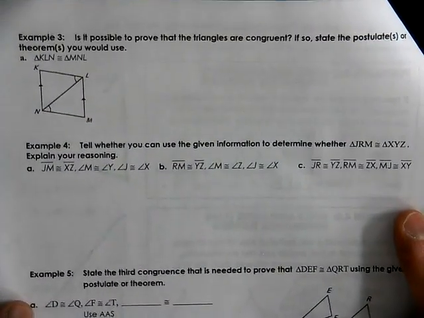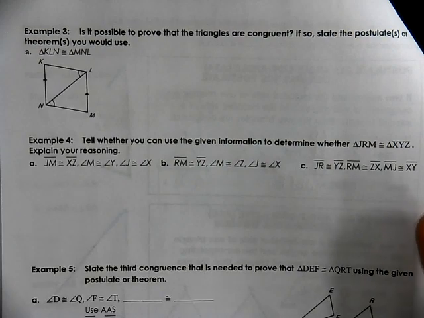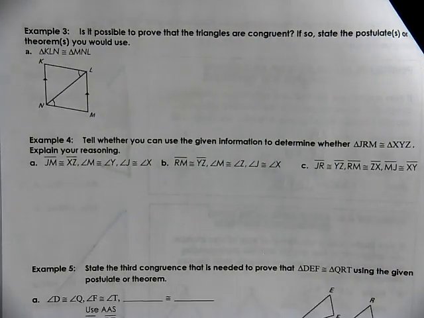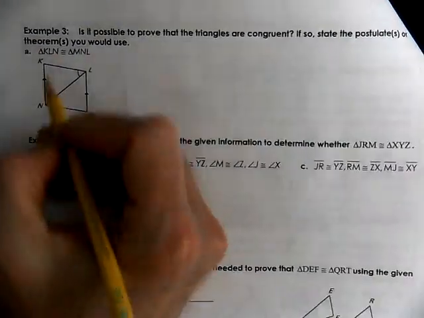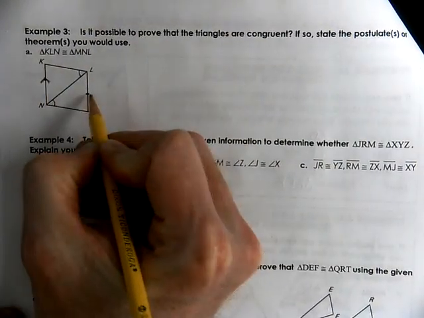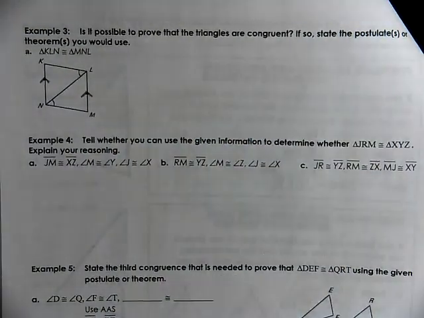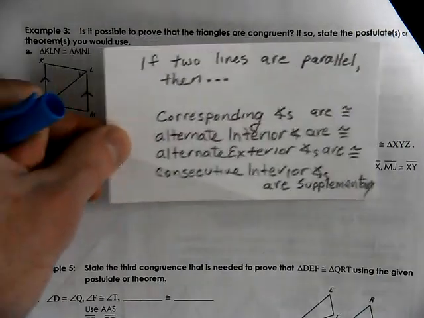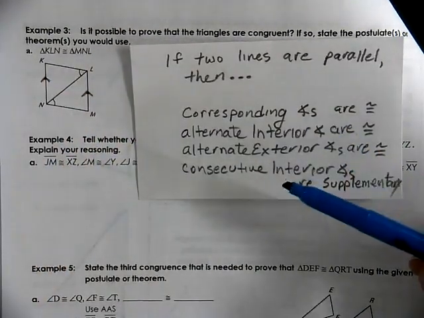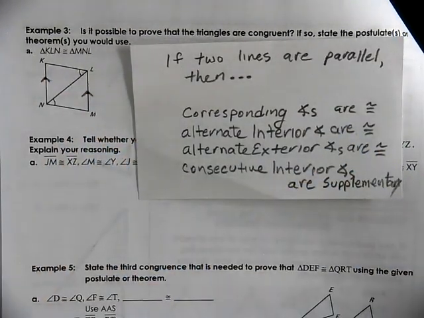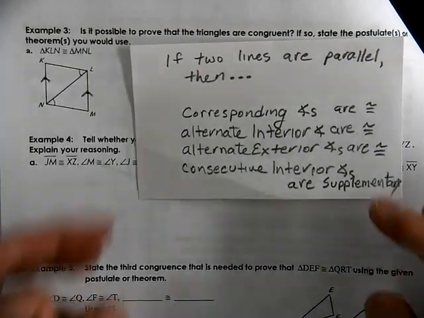Okay, on the flip side, what do we see here with example 3? I see parallel sides. What are we supposed to think about when we see parallel sides? One of these angles has to happen if we have parallel sides. That's what we're looking for.